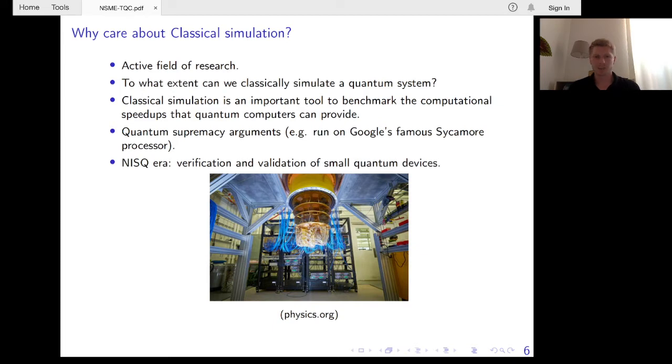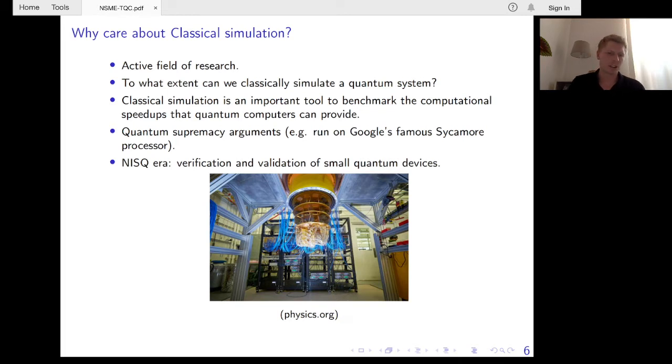And classical simulation has emerged as a very important tool to benchmark the computational speedups that quantum computers can provide. So for example, if you look at the famous quantum supremacy experiment of Google, there they showed that it's not possible to classically simulate what they did in their experiment, or at least they claim this.